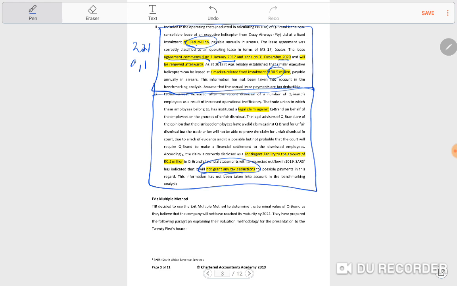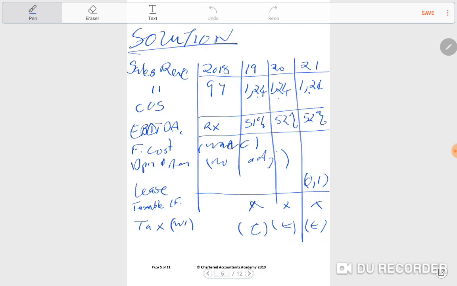On the adjustment side, since 21st is going to purchase Q brand, do you expect it to just ignore this contingent liability, or will it have to subtract it, assuming it materialized and they have to pay it? This 0.2 million was expected to be paid in 2019. So on our 2019 cash flows, we're going to put our contingent liability of 0.2.